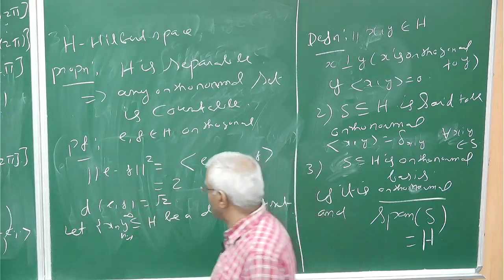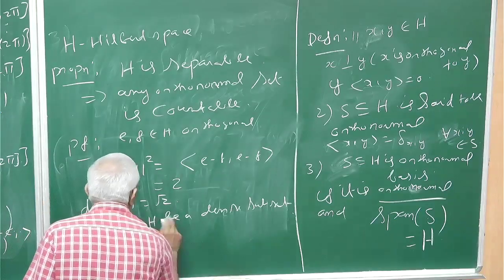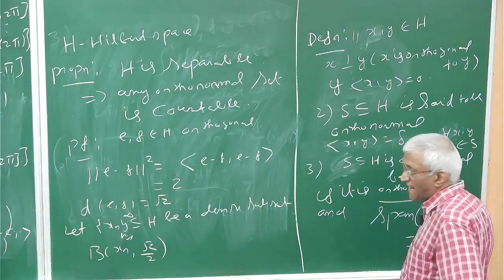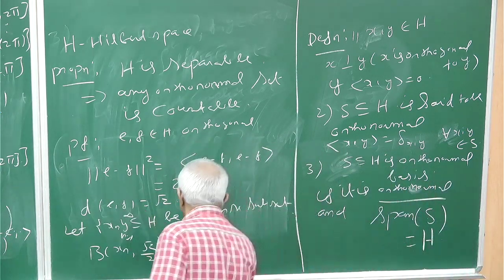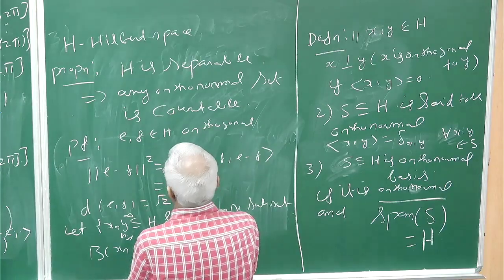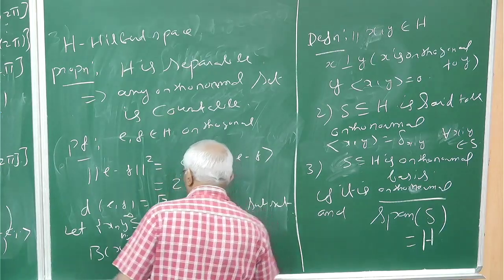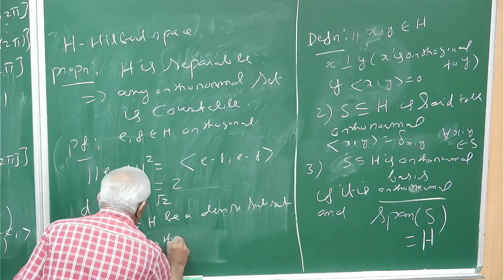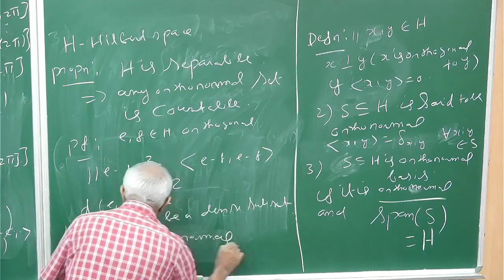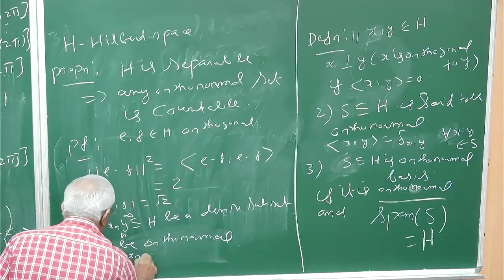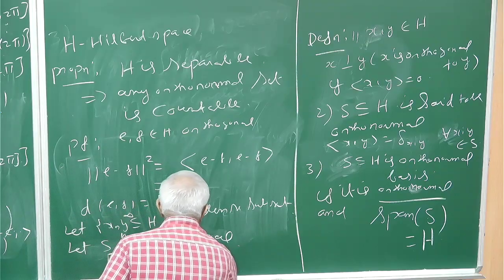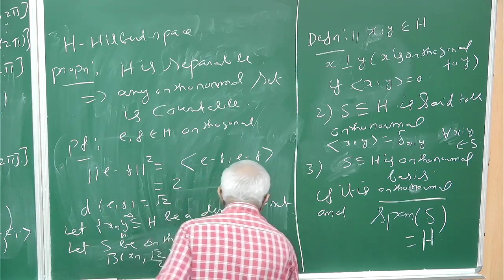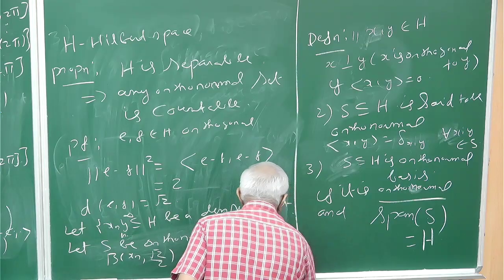Then the ball B(X_n, square root 2 over 2) can contain at most one element of S, where S is an orthonormal set.